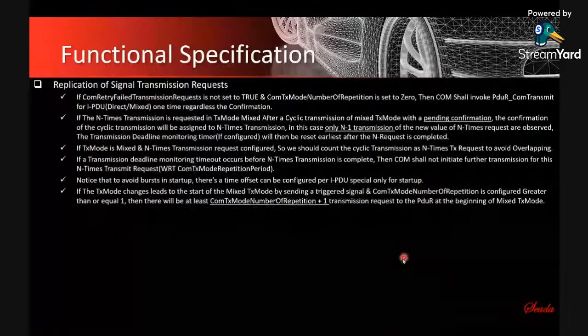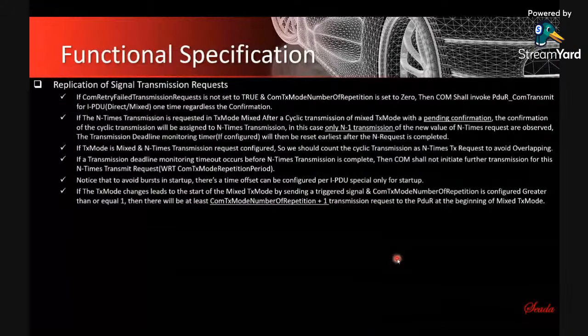Okay, and if transmit mode changes lead to a start of transmit mode mixed, by sending a triggered signal, and the transmit number of repetitions is configured greater than one, then the triggered one plus the number of repetitions will be transmitted to the PDUR. This is a normal thing.